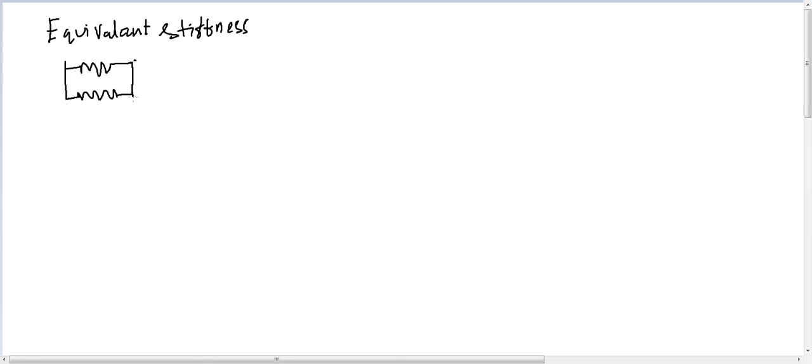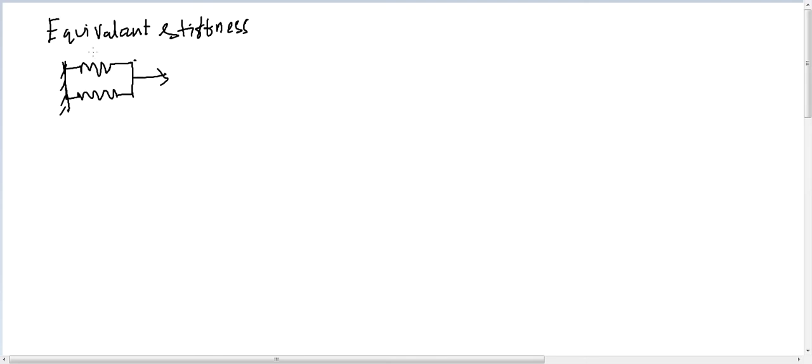Now let us see the equivalent stiffnesses. In case of springs connected in parallel, like this, and we are applying force like this, this is nothing but the springs in parallel direction.